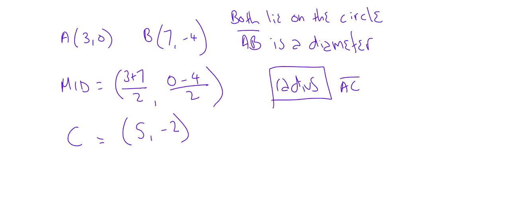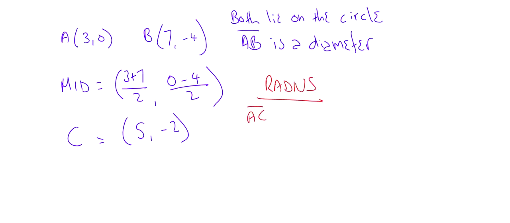Okay. So I'm going to find the length of AC. I'm actually going to write it down here so I can have more space. So I want to find the length of AC. Actually, I might just change colors to make this a bit more obvious. All right, let's change colors. So to find the radius, I want the length of AC.